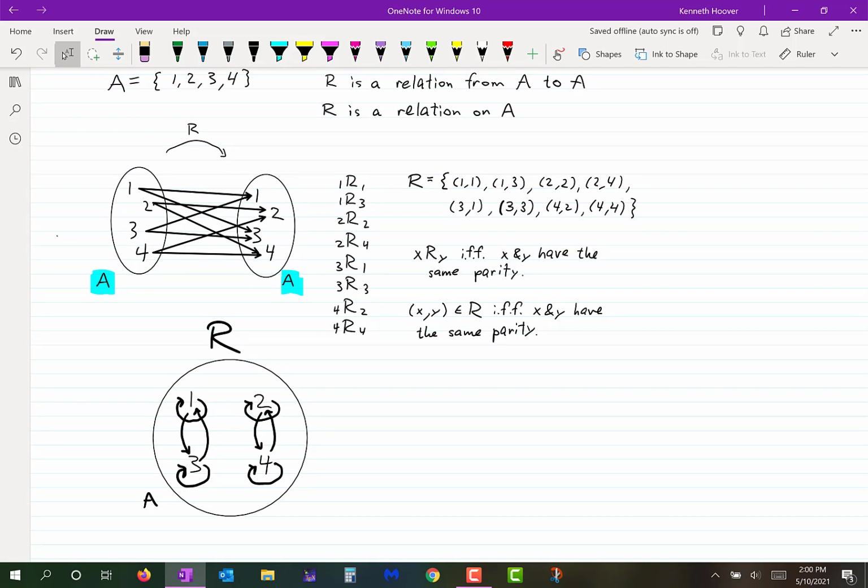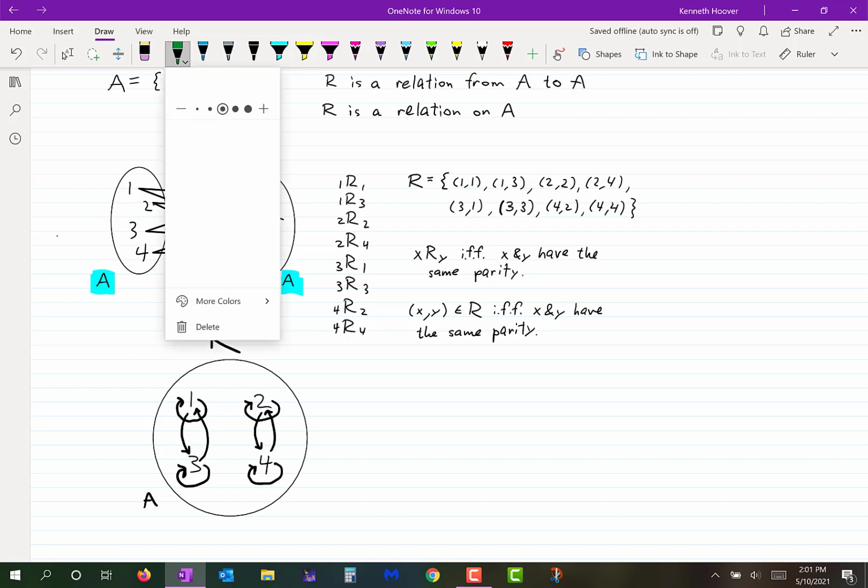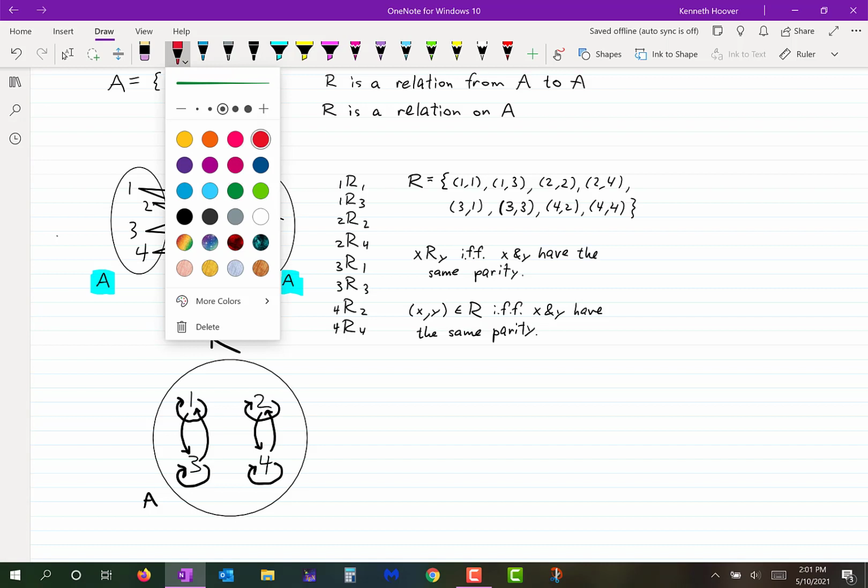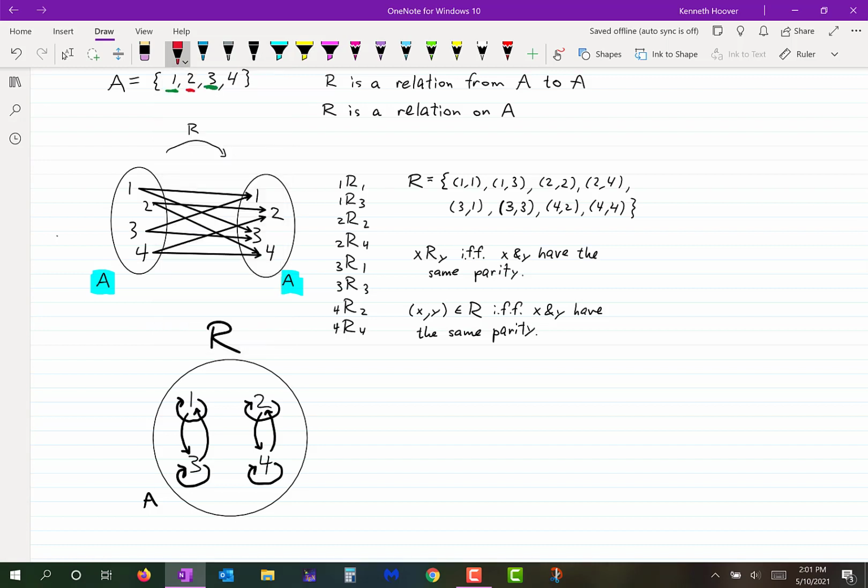I'm going to underline in green all of the numbers that are related to 1. It's just the two of them, 1 and 3, right? I'm going to underline in red all of the numbers that are related to 2. So do you see what I've just done is I've just partitioned A into two subsets, a green subset and a red subset.